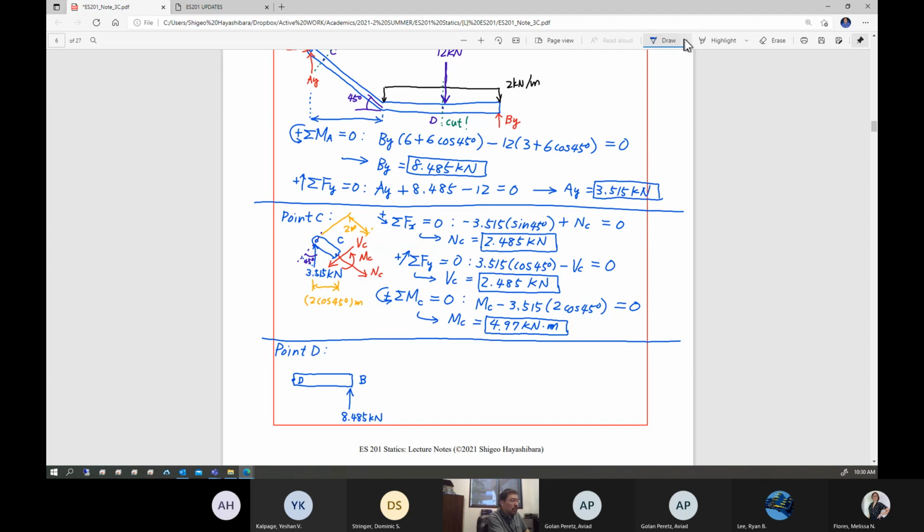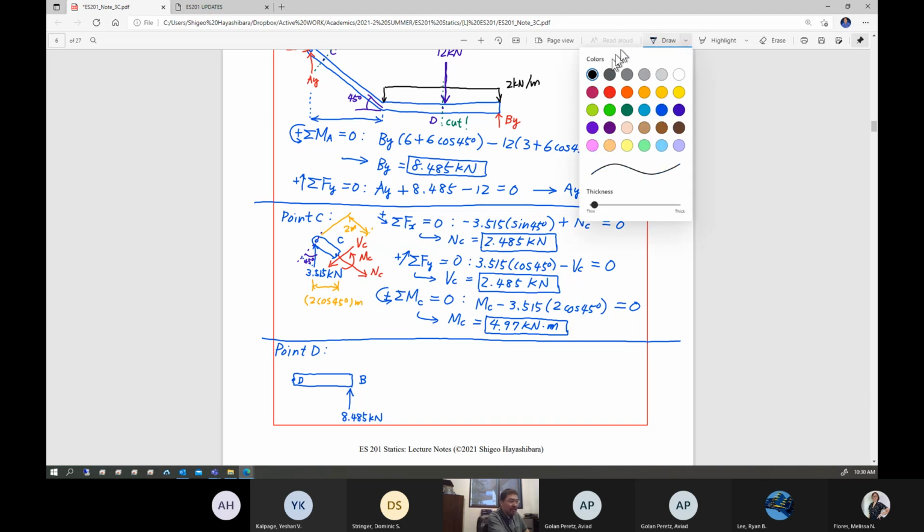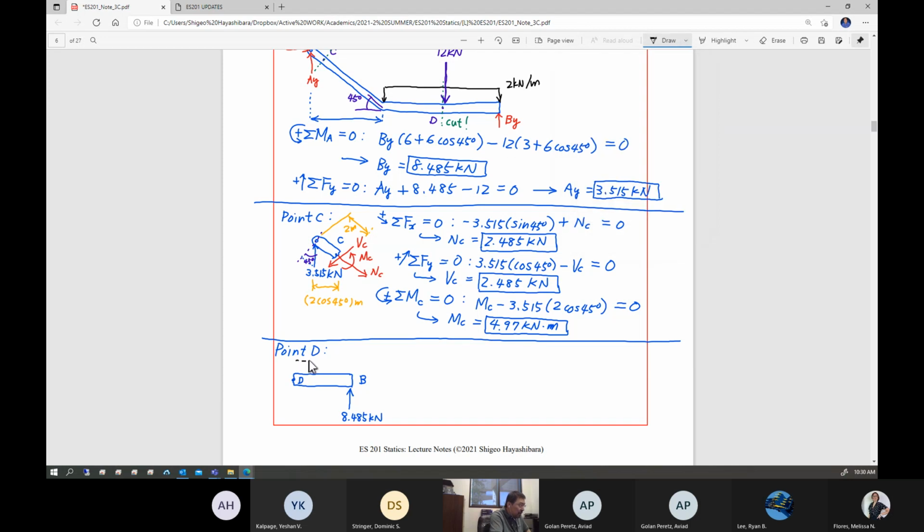And don't forget the distributed loading, which is 2 kilonewton per meter. Now you cut through D, so this is 3 meters length.